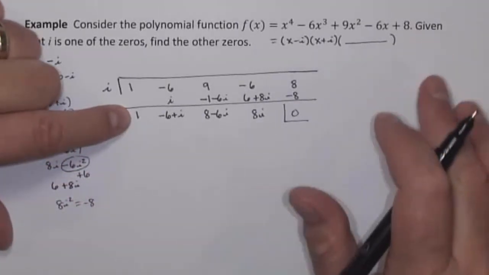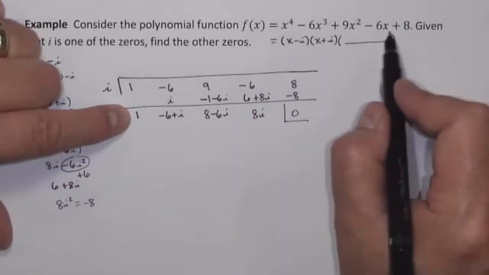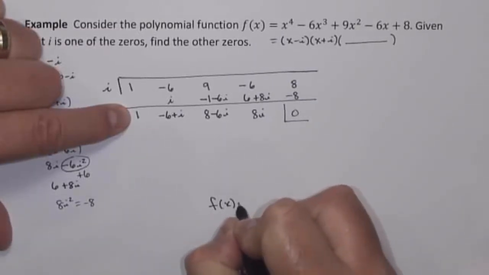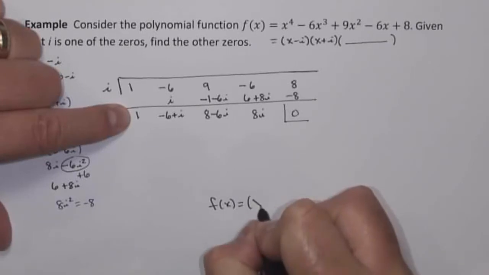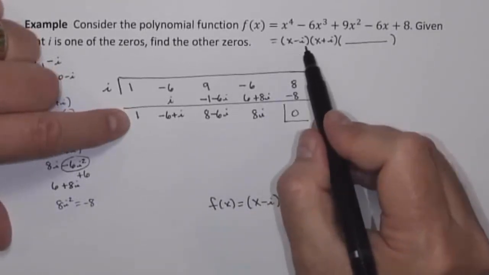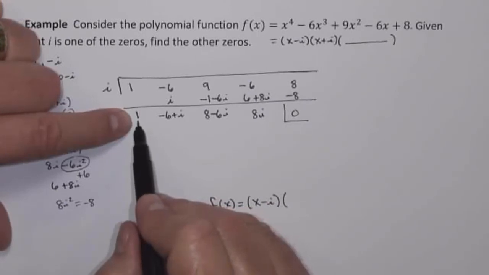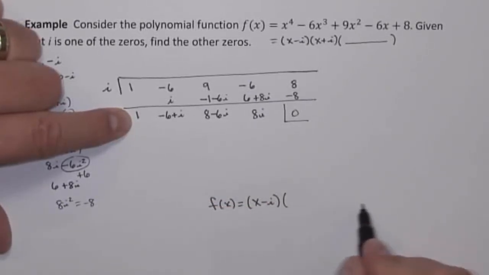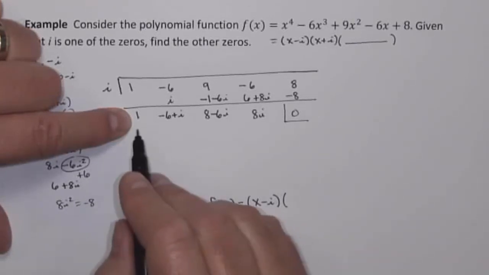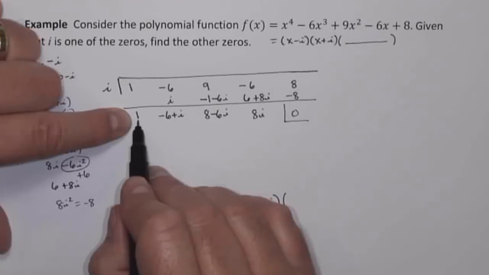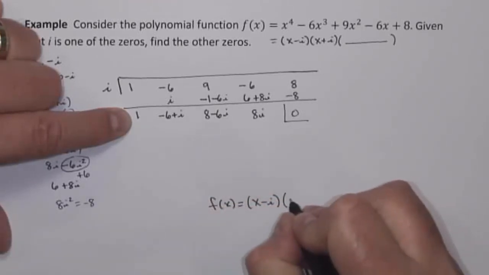Okay? So what I know right now is that our original polynomial function factors into f of x equals x minus i times. Now if I factor out x minus i, this 1 is the coefficient of the polynomial factor that remains, and since I'm factoring out x minus i, that's going to be an x cubed term.